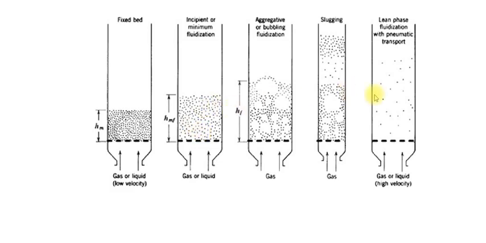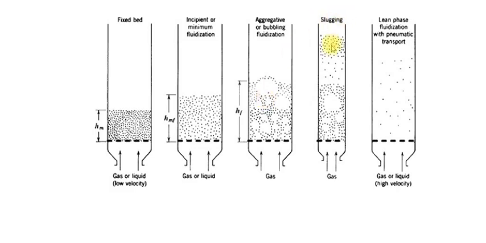There are three different types of fluidization: bubble fluidization, slugging fluidization, and pneumatic fluidization. There is a slight difference between these three types. In bubble fluidization, the particles slightly accumulate in between the space, and you have air bubbles inside the fluidized bed.